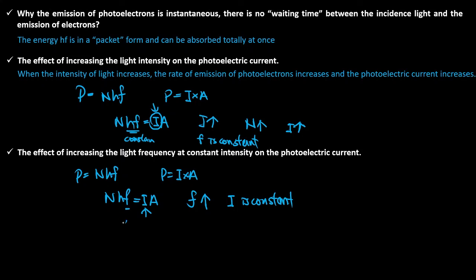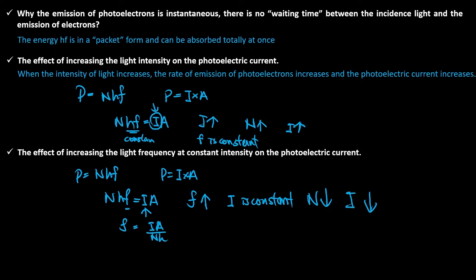So in other words, F will cause N to change. N is inversely proportional to F. In other words, when your F increases, N will decrease. So when the rate of emission of photoelectrons decreases, the photoelectric current will decrease, because now in 1 second the number of photoelectrons that are emitted becomes less.